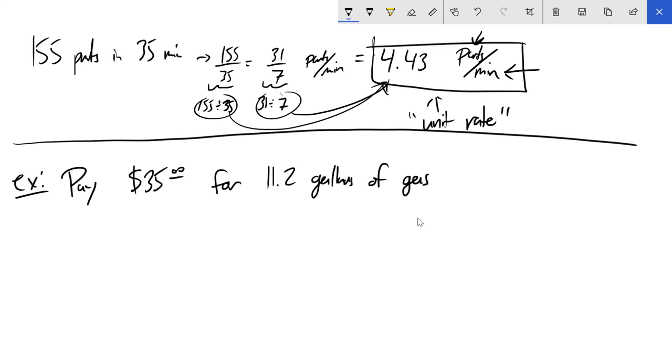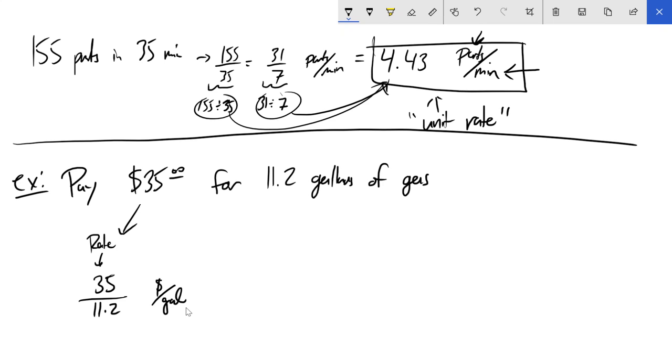You could write that as a non-unit rate: 35 over 11.2, and that would be dollars per gallon. It's not wrong, it's just a really weird way to describe the price of gas to someone. If you went to the gas station and all of the prices were listed per 11.2 gallons, that would be very strange.